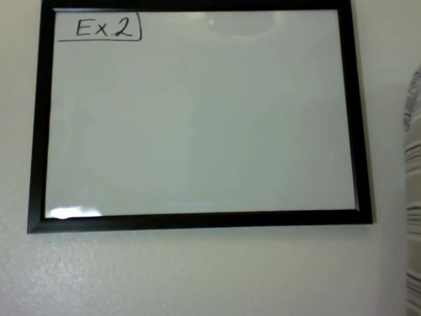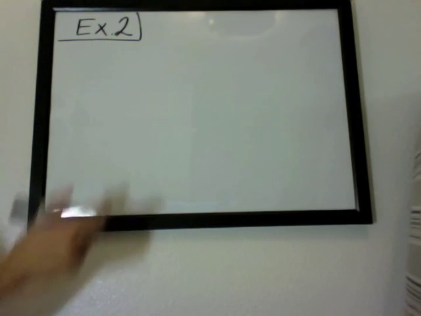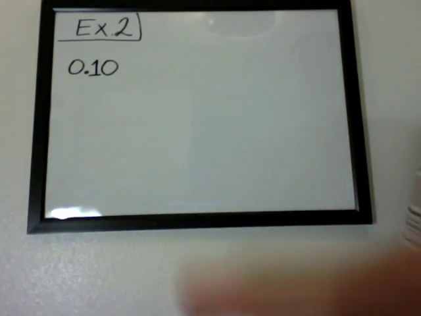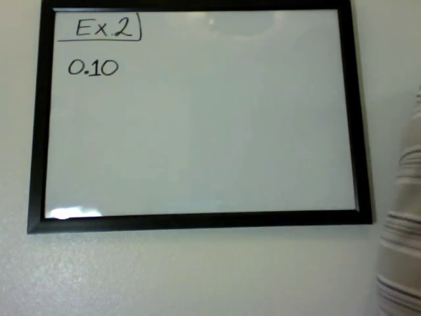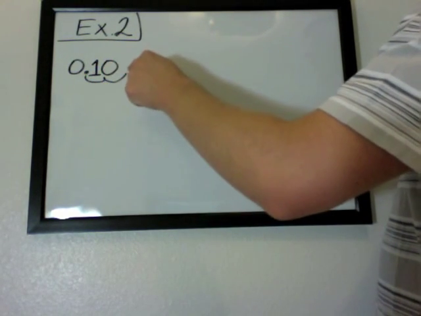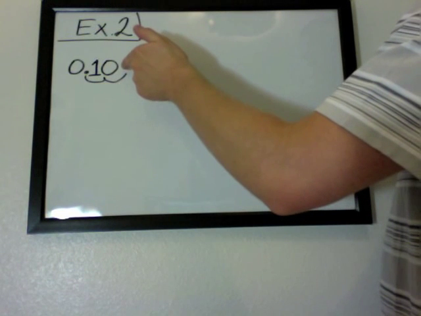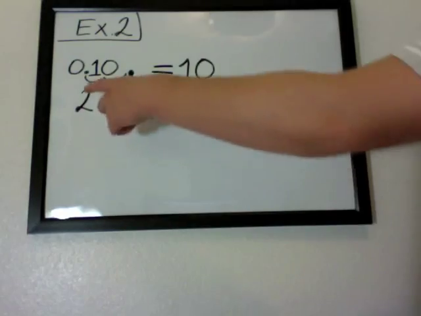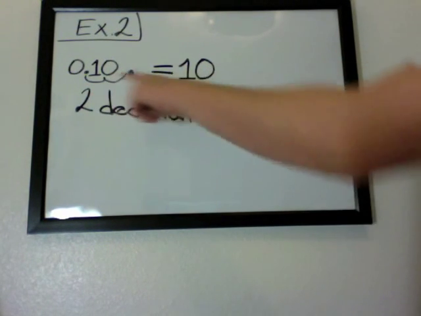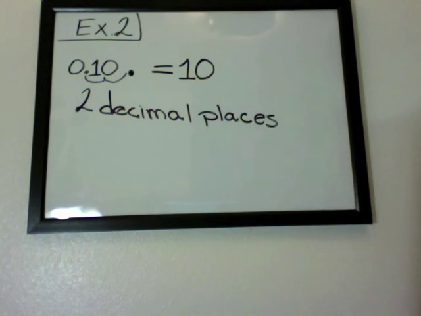Second example, we have 0.10. To make this into a whole number, you would move this decimal 2 places over. So you have 1, 2 places over. So the decimal would end up right here. So we have 2 decimal places in this change to the whole number.